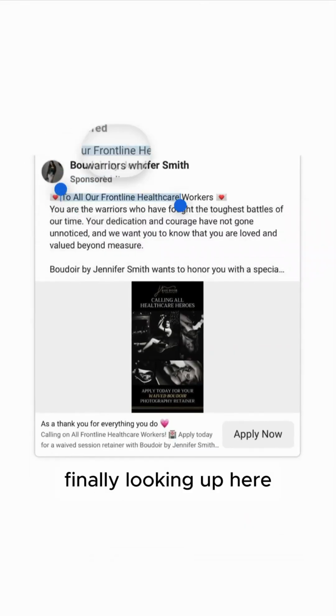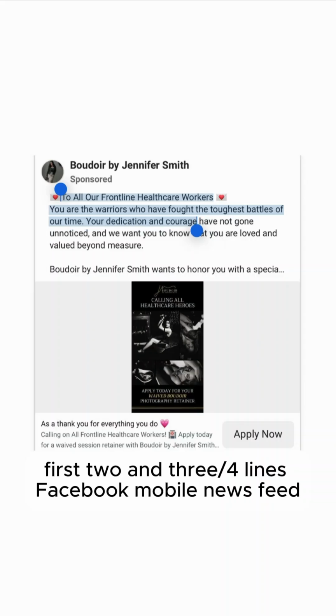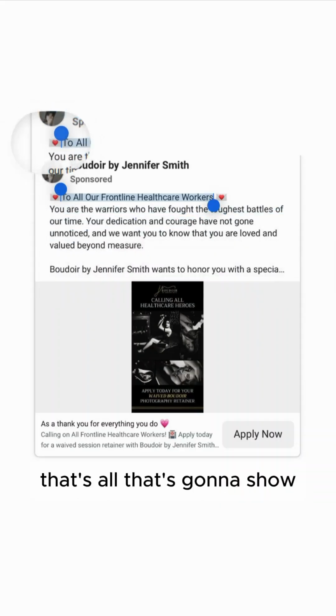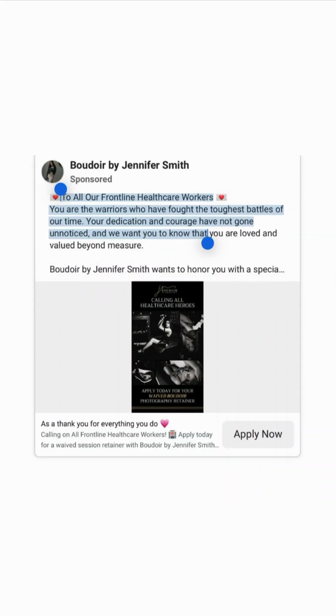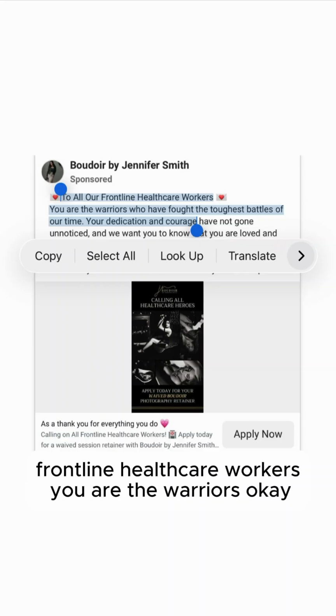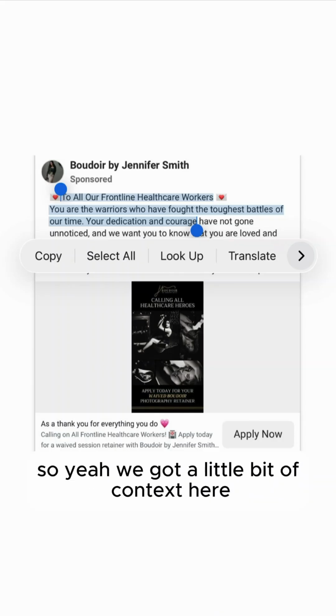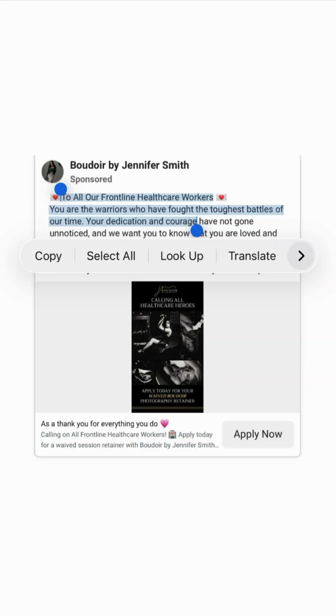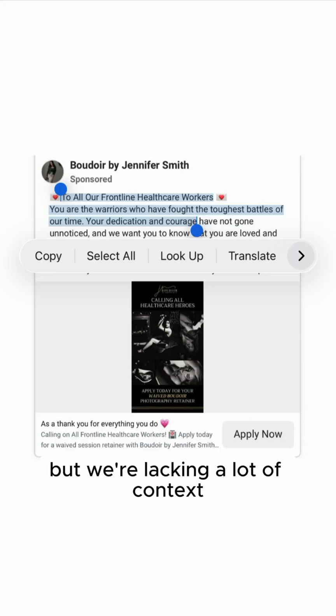Finally, looking up here, first 2 3/4 lines Facebook mobile newsfeed. That's all that's going to show. So, "Frontline healthcare workers, you are the warriors." Okay, all right. So yeah, we got a little bit of context here, but we're lacking a lot of context. So it's the lack of context mistake.